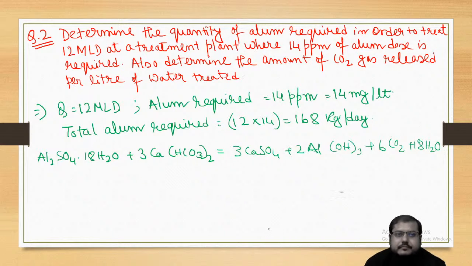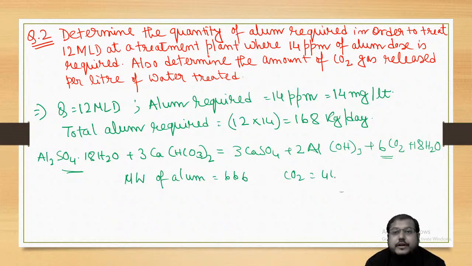18H2O. So it's evident that 1 mole alum is releasing 6 mole carbon dioxide. So once again, molecular weight of alum will be 666 and carbon dioxide is 44. So 666 part, direct relationship is there, so no more equivalency concept.